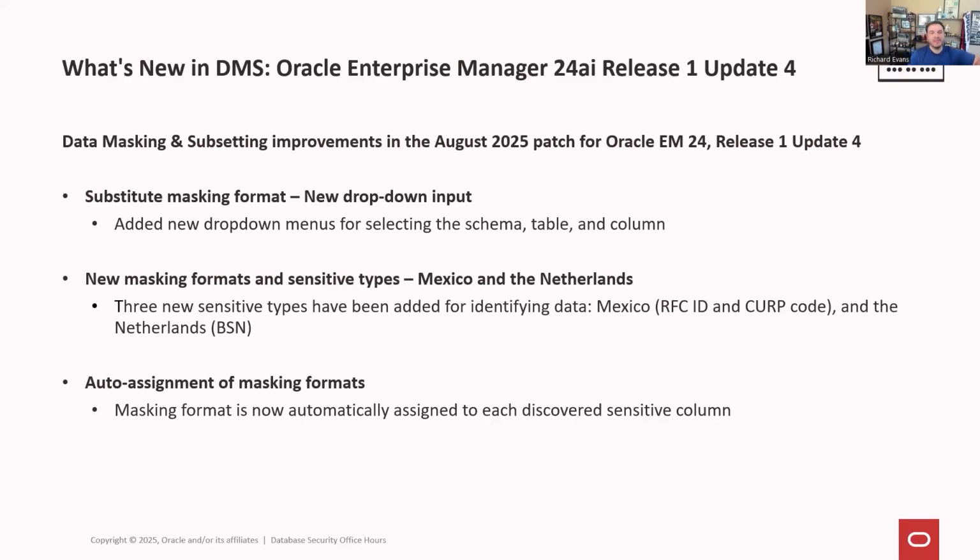We've got new masking formats and sensitive types as well. So for our customers in Mexico and the Netherlands, we've got you covered. And then auto assignment of masking format: when it finds a column and identifies it as a social security number, credit card, or phone number, it'll try to auto assign that masking format for you.